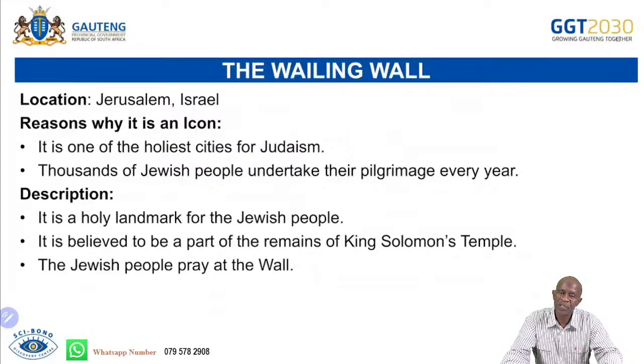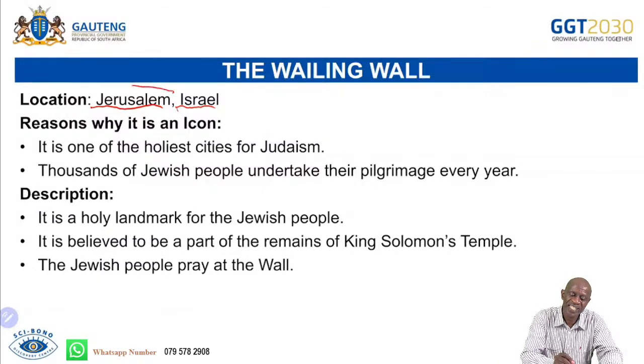It is located in the country Israel. The city is also Jerusalem. So what you should bear in mind is that there are two icons in Israel, the Parthenon as well as the Wailing Wall, and all of them are situated in the city of Jerusalem.